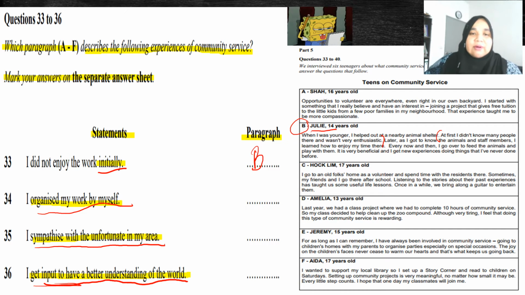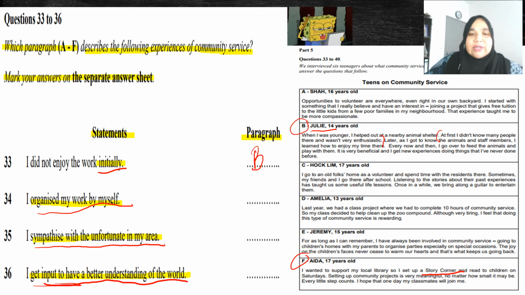Number 34. I organize my work by myself. Again, you have to refer to all the statements here from A to F, so you read through again. And I can see something in paragraph F. I wanted to support my local library, so I set up a story corner.